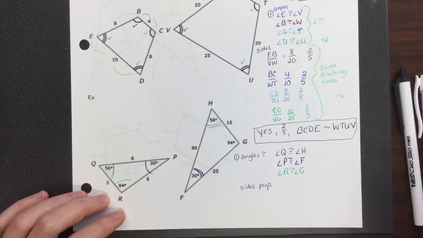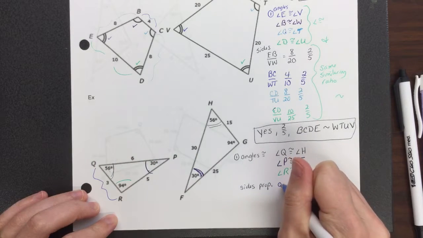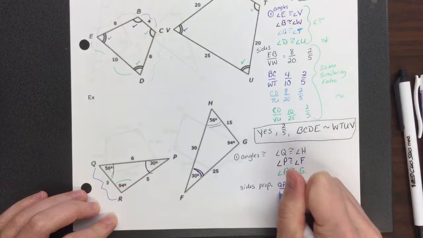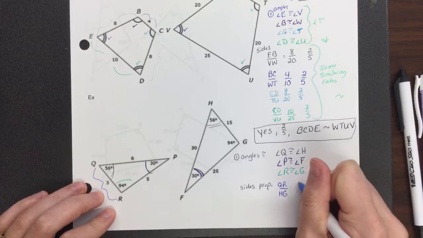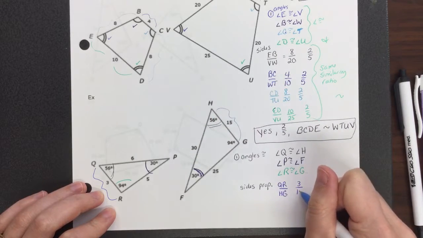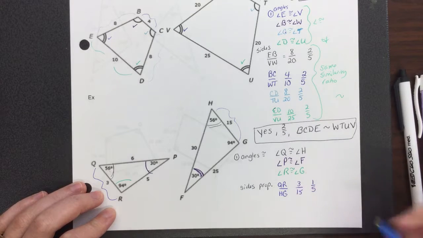So looking at the sides, I'll pick QR first. QR is going to match up with HG. So QR has a length of 3, HG has a length of 15. 3 over 15 simplifies down to 1/5.